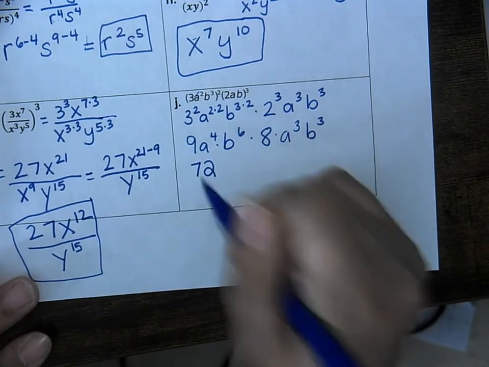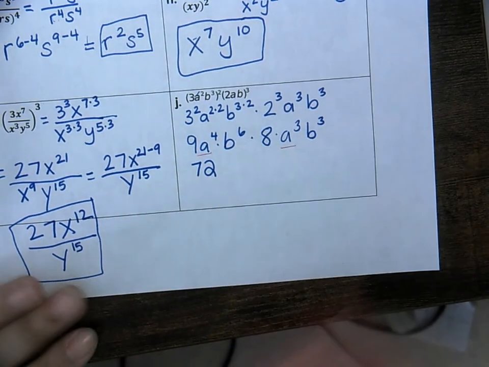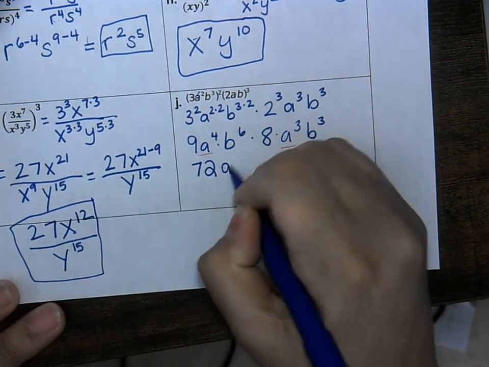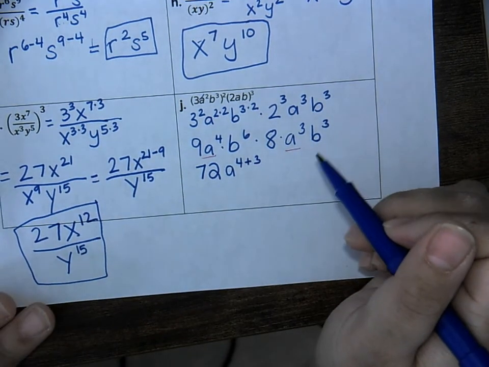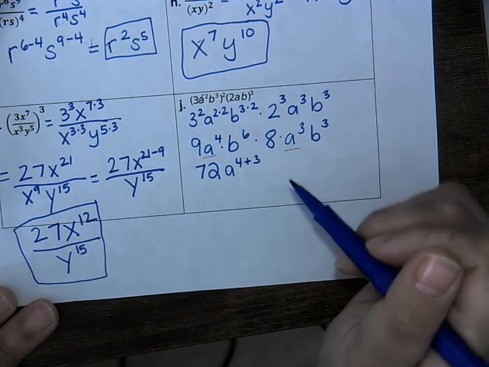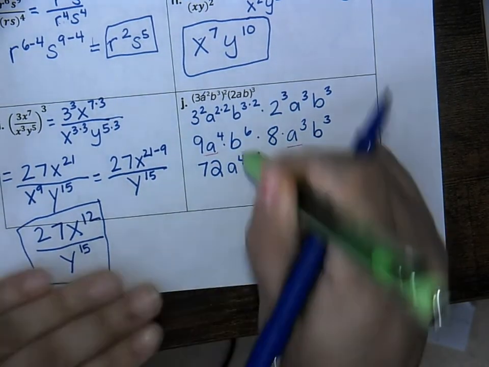And then we have a's. So I'm going to go ahead and underline this a and this a because we'll combine those. So we have a to the 4 plus 3. That is that first property we saw, which is called the product of powers property. And then do the same thing for the b's. I'll just underline it in green here.